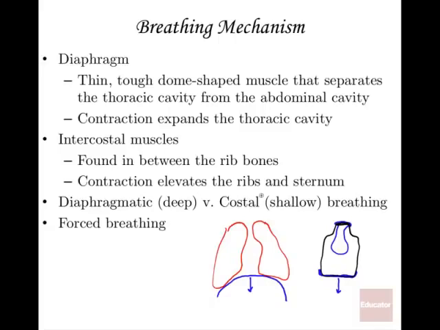The contraction of those intercostal muscles is going to elevate the ribs and the sternum, so that my breastbone moves up and out and the ribs move up and out, and that's going to further increase the space inside the thoracic cage. That reduces the pressure within here and draws air in. And the opposite happens when you exhale. Those intercostal muscles are going to relax, bring the rib cage back down, and cause air to leave the lungs.